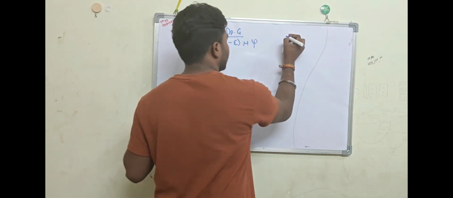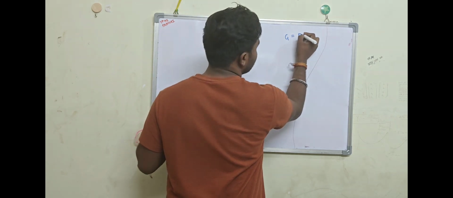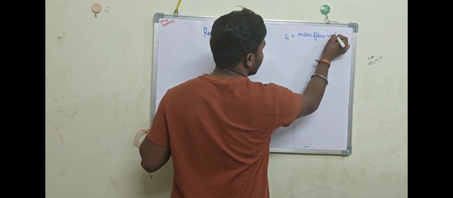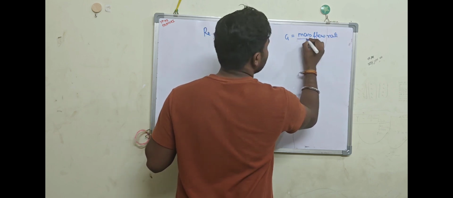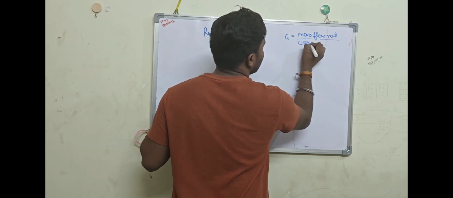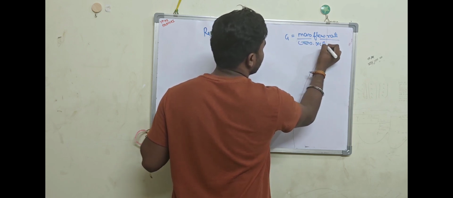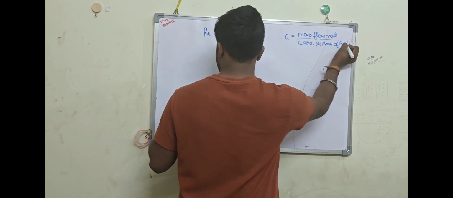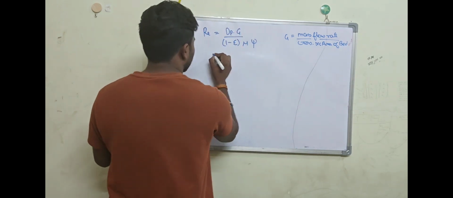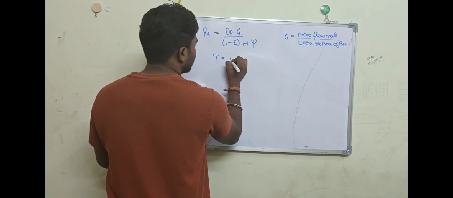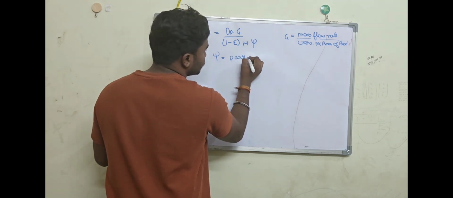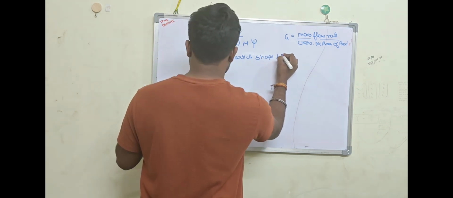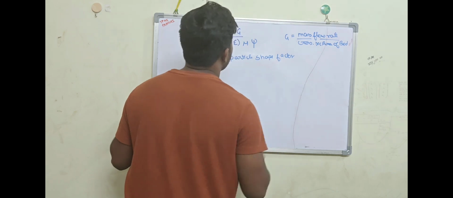G can be calculated as G equals mass flow rate upon cross sectional area of bed. Psi is particle shape factor.